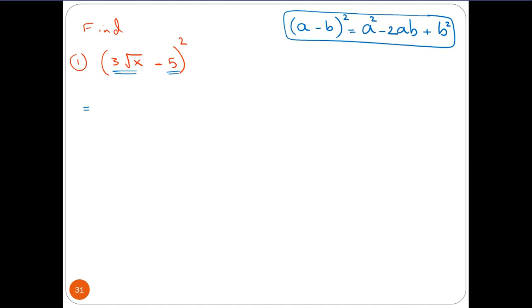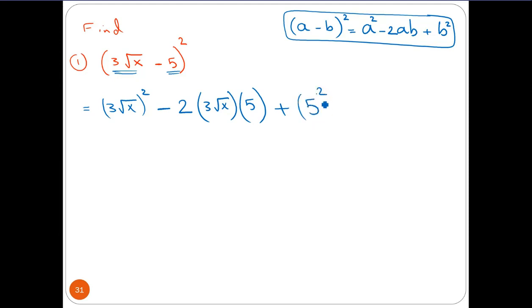So 3 radical x all square ربعنا الأول minus 2 هذا من القانون 2 the first term 3 radical x the second term اللي هو 5 plus نربع الثاني اللي هو 5 square.